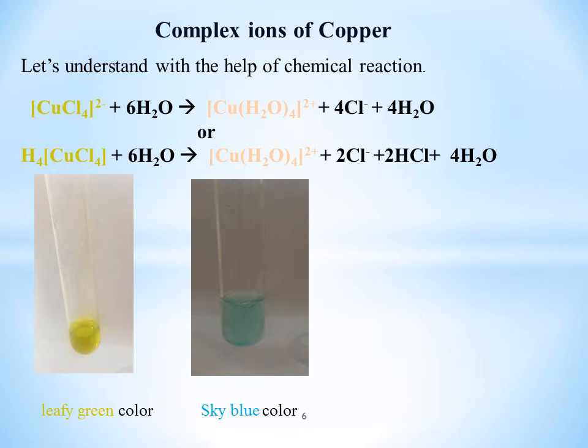Tetrachlorocuprate 2 ion has changed to tetra aqua complex of copper. This is actually a ligand exchange or substitution reaction. It is a type of chemical reaction in which ligand in a compound is replaced by another. So that's why the olive green or the leafy green colored solution turned to sky blue color.